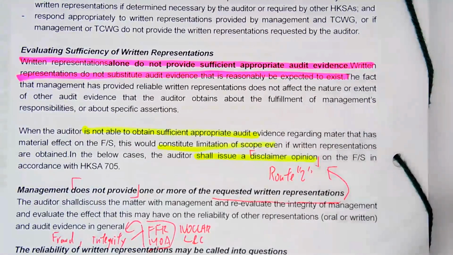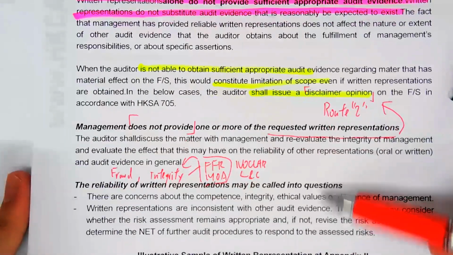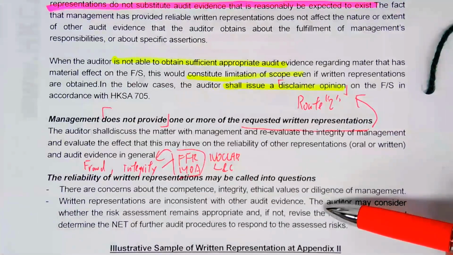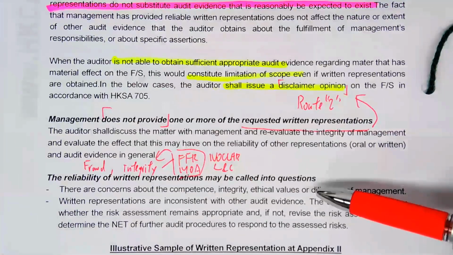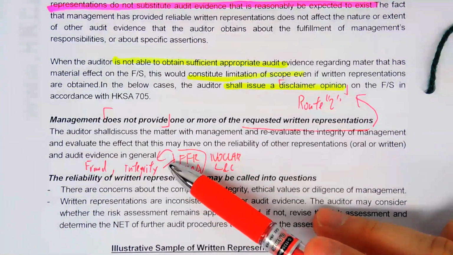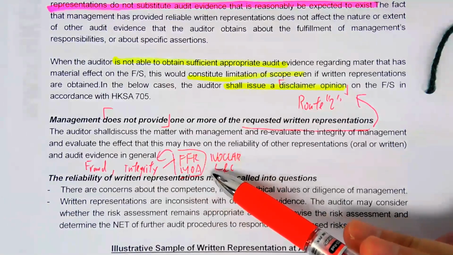If you ask me, can it be a Group 1 situation for written representation? Yes, it can. It can probably be a Group 1 question if there's actually some kind of fraud that you confirm, or some kind of fraudulent financial reporting that you actually confirm.